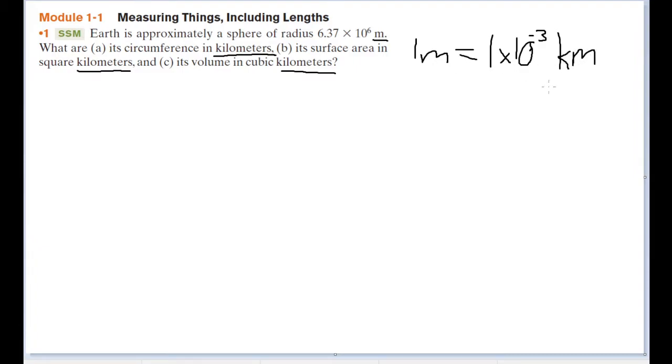So that is our little order of magnitude conversion there. You know it's going to be negative because if you have a meter, it's a very small amount of kilometers, since there aren't even 1,000 meters here. You can use that to help you, I guess. But the point is, this is the conversion here.